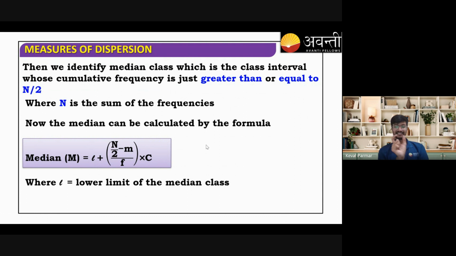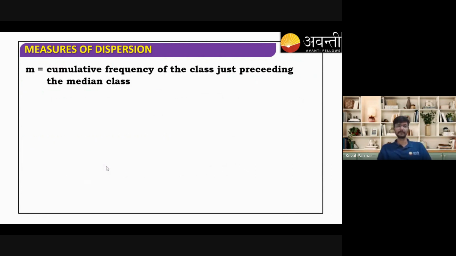So 20 is the lower limit, 30 is the upper limit. We all know that. So l is the lower limit of the median class. f is the frequency. m is the cumulative frequency of the class just preceding. Preceding means above the median class.